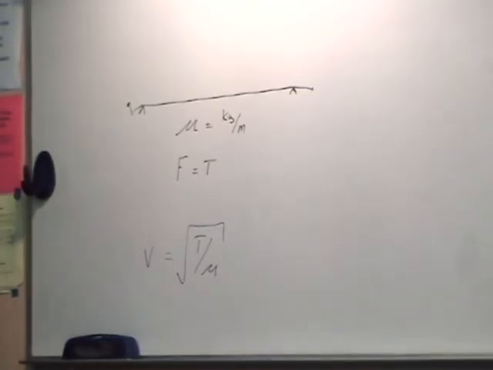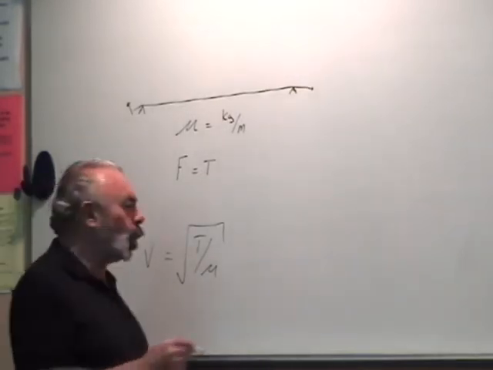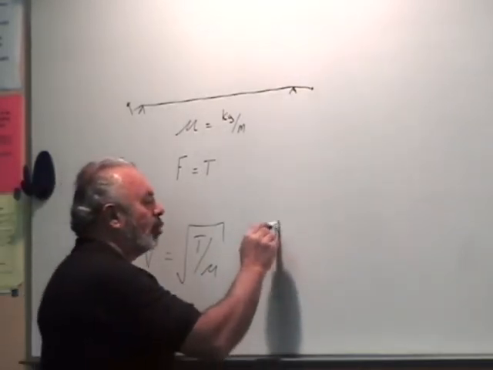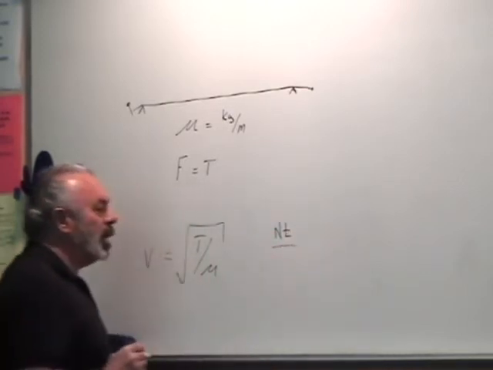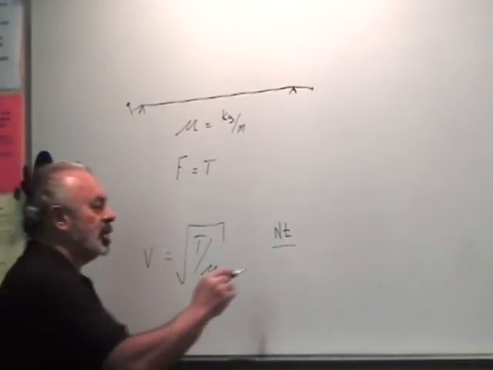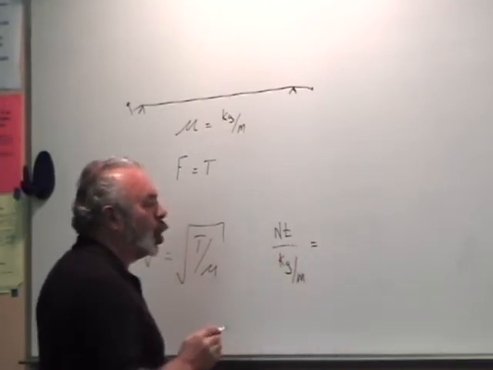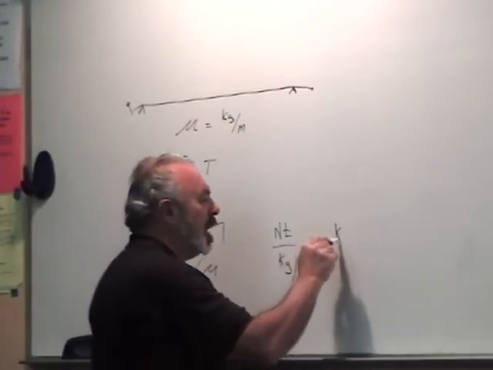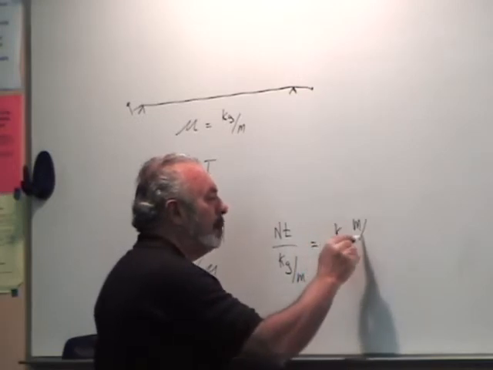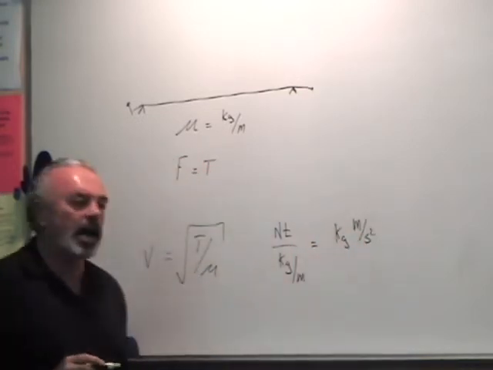The first thing you might do is say, well, let's see if the units work out. T, tension, is a force, so that's in units probably newtons. And mu is the linear mass density, which is kilograms per meter. And of course, a newton is a kilogram meter per second squared.